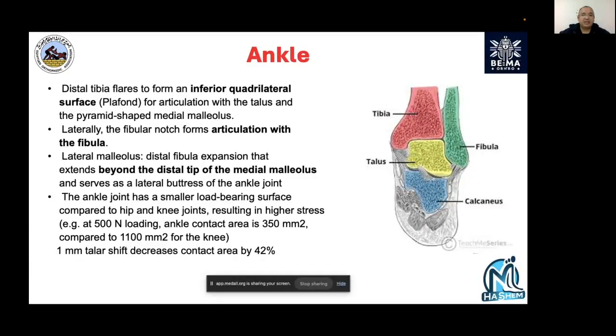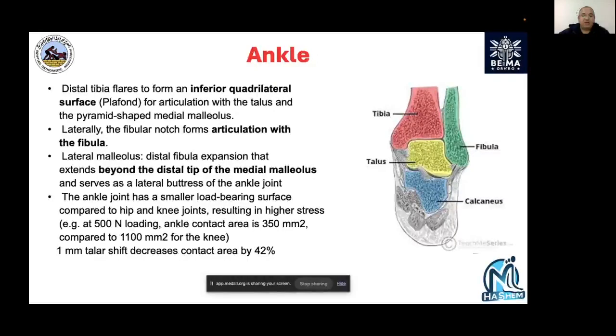The lateral malleolus is lower than the medial malleolus, and this has a very important effect on the ankle because the lateral buttress of the ankle is stronger than the medial buttress. That's why we agree on a Weber A fracture to be a stable fracture treated non-operatively, but we cannot accept that for a medial malleolar fracture.